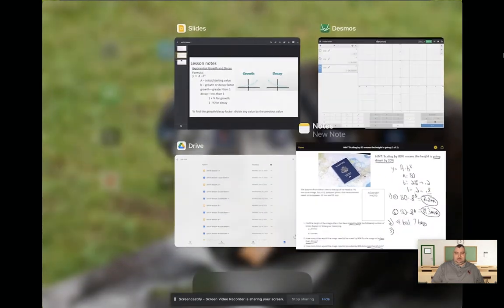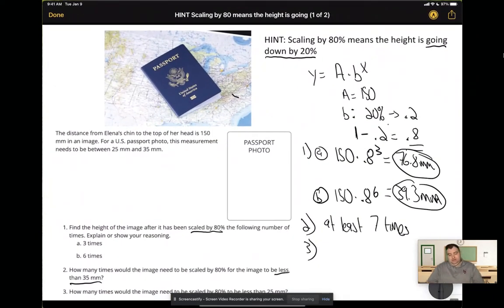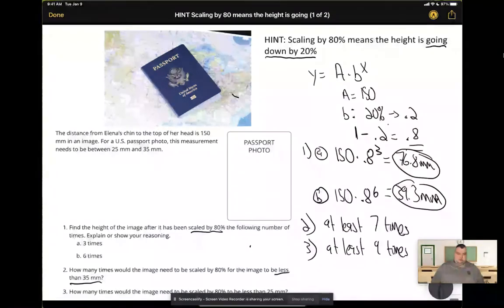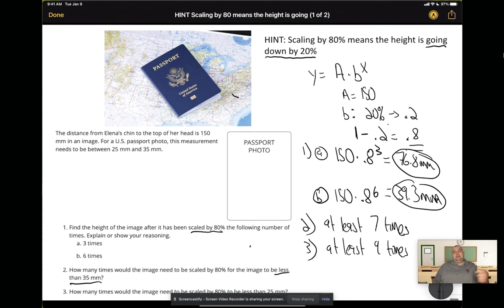So to answer that question, because the exponent is 9, it would have to be at least 9 times. And I just did that by playing around with the exponent on Desmos until I got an answer that was less than 25. And that is it for this lesson.